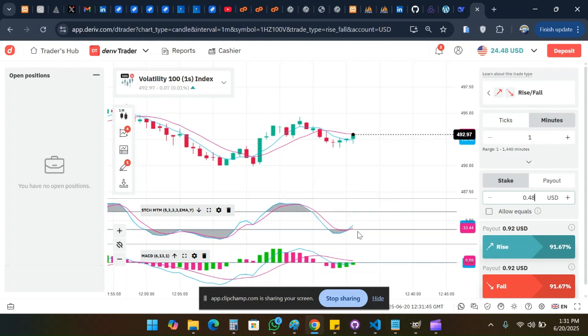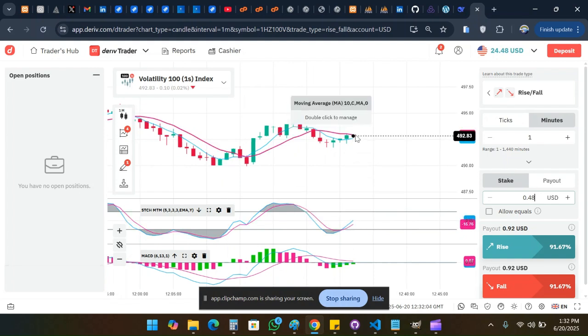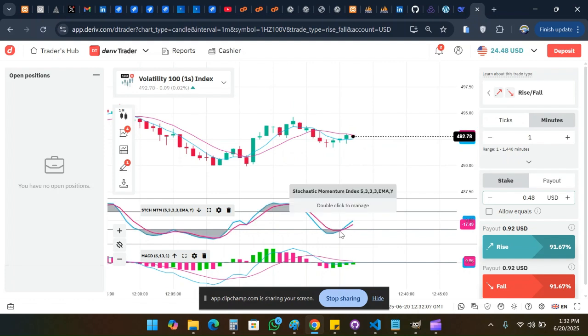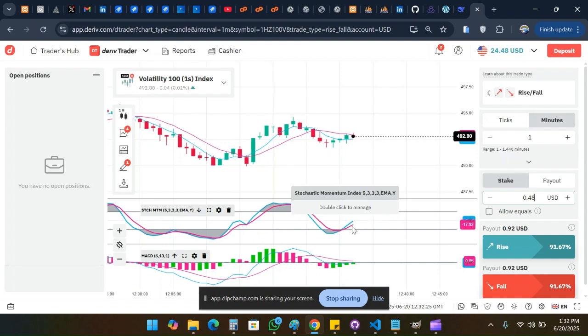Now here we only have a cross above, and I want you to understand one thing. When you see a cross above here, below 20, and the line has crossed above the 20 moving average, it's also a strong movement to buy. Like this one now, I can buy, because it has crossed below 20 and then the line has crossed above 20.